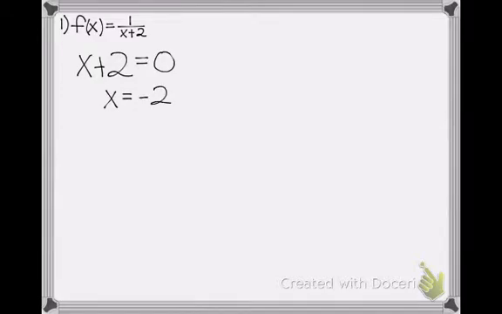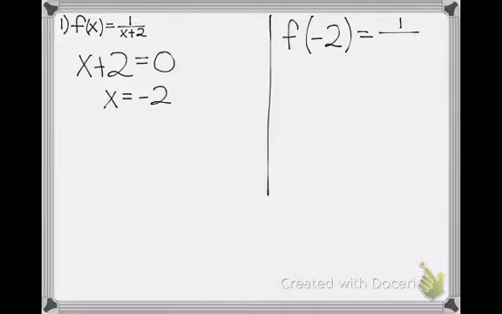Now, I'm going to do some scratch work over here on the right-hand side because I want to demonstrate what we've just figured out. If I was to take negative 2 and plug it into this function, let's see what happens. What we will end up with is 1 over, now I'm substituting negative 2, always in parentheses, in for the symbol x, and then the rest of the denominator is plus 2.